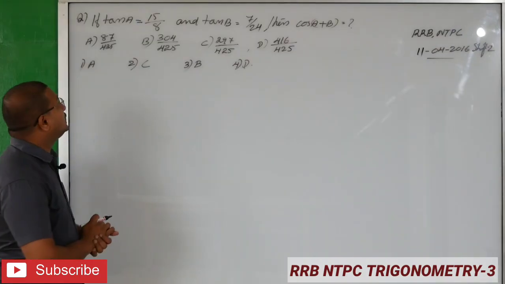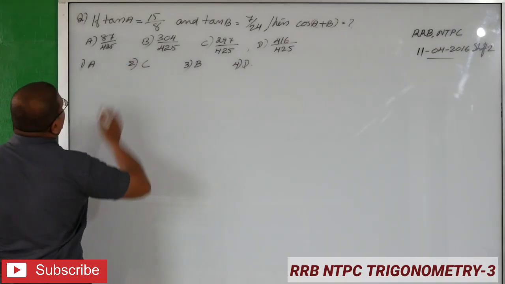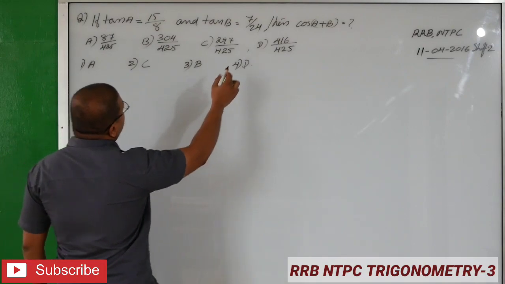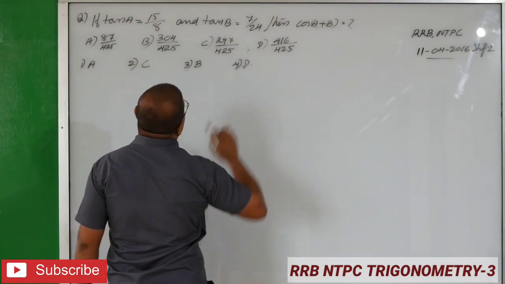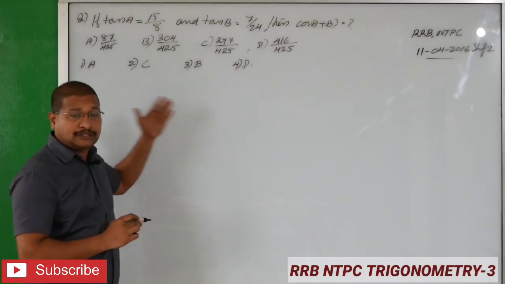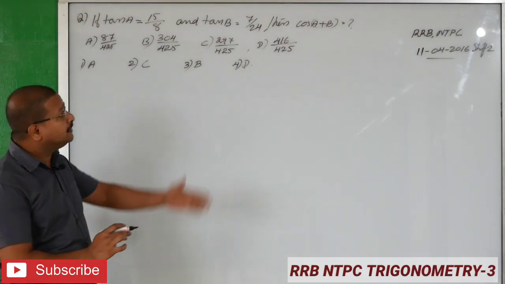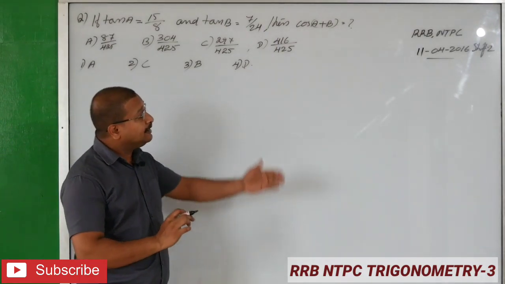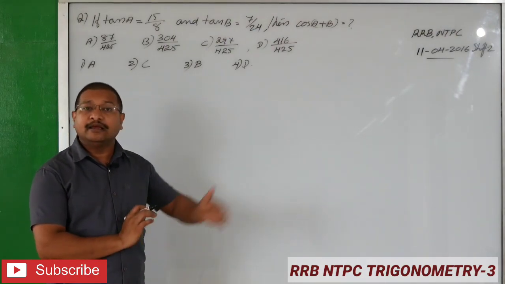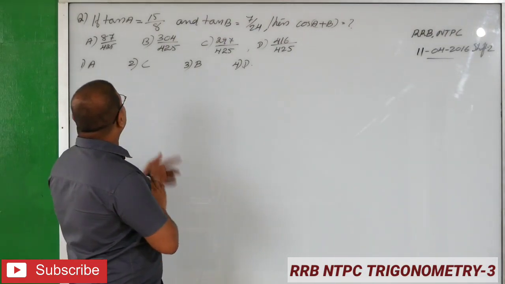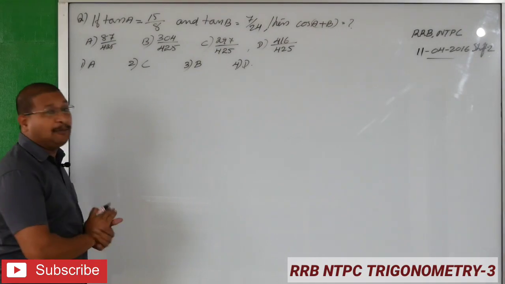So let's go to the next question. I'll read the question once. If tan A equals 15 by 8 and tan B equals 7 by 24, then cos(A plus B) is a question mark. Of course, the answer is given in the options. It came in RRB NTPC 11/4/2016, shift 2. Ready? So what do we want? We want to find cos(A plus B).